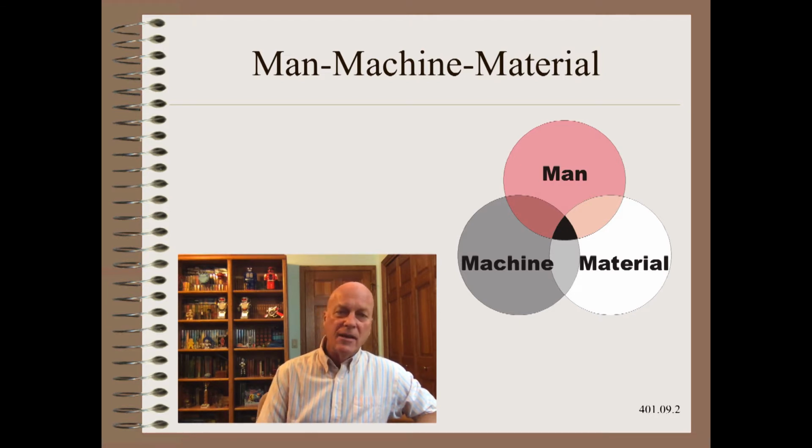We'll have more to say about this in the pitfalls of problem solving section of this course. In any case, the man-machine-material Venn diagram keeps us organized, as well as nudges us to be more honest about where functional opportunities might lie.